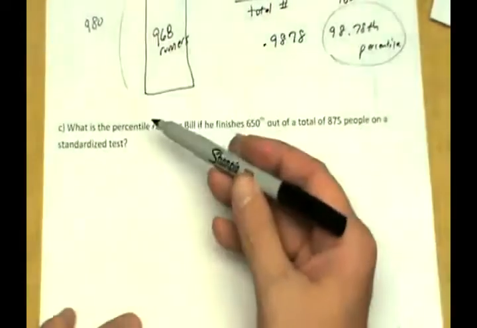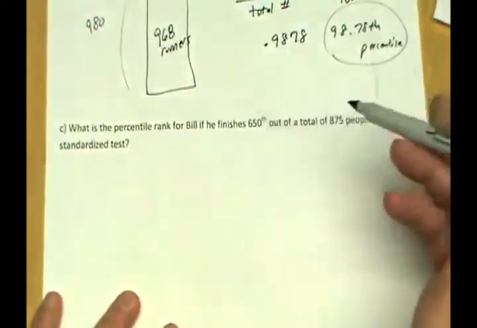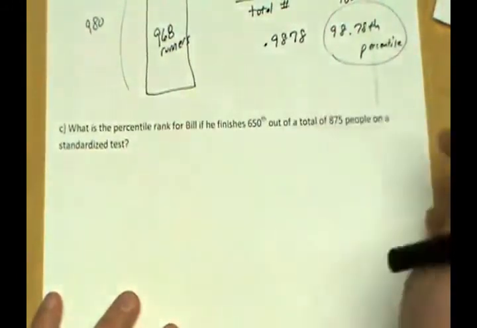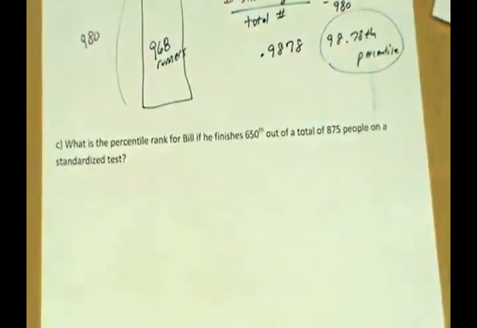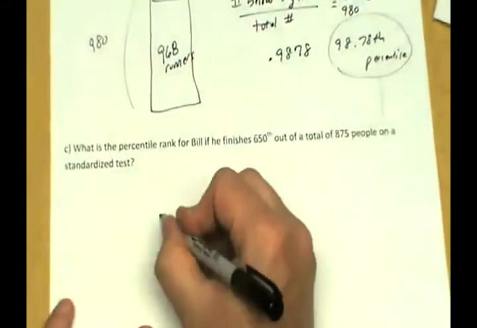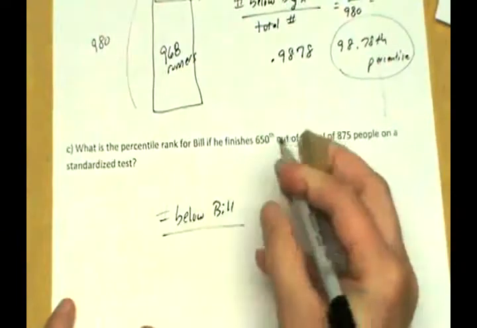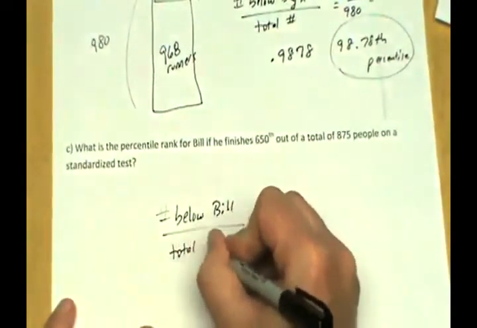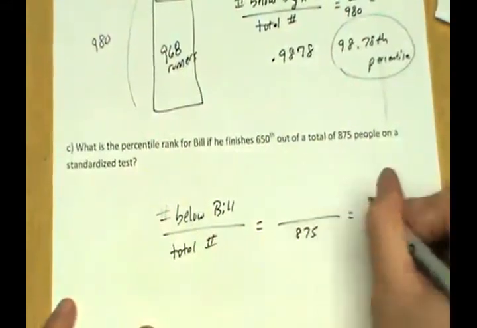So what is the percentile rank for Bill if he finishes 650th out of a total of 875 people on a standardized test, like an SAT or an LSAT or a PSAT or something along those lines? If you finish 650th, you need the number below Bill on the test divided by the total number that took the test. The total is 875.